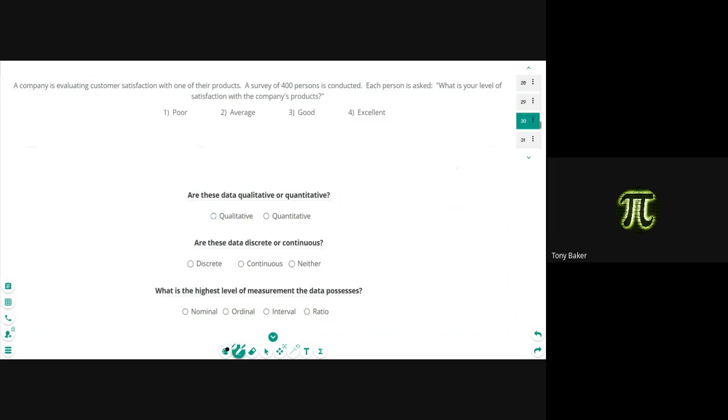Qualitative or quantitative? What is it? Why is it qualitative? Measuring the satisfaction rather than something numerical.